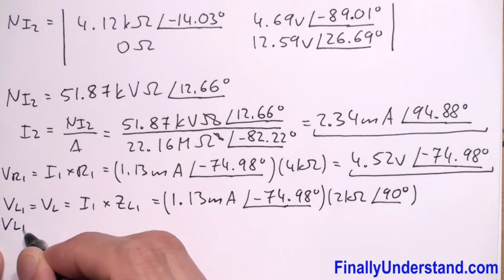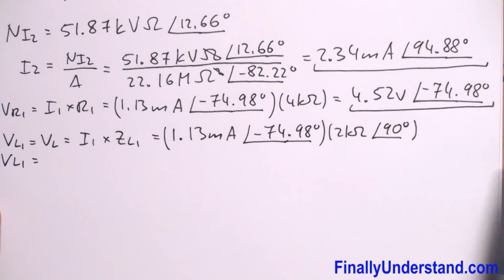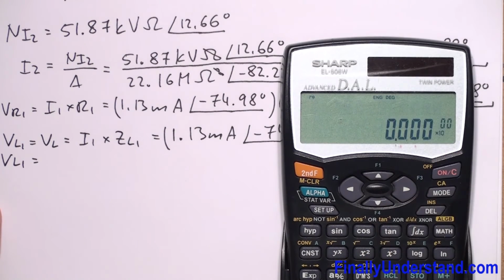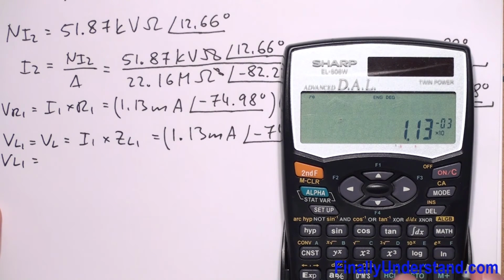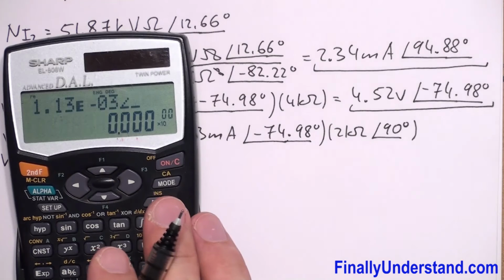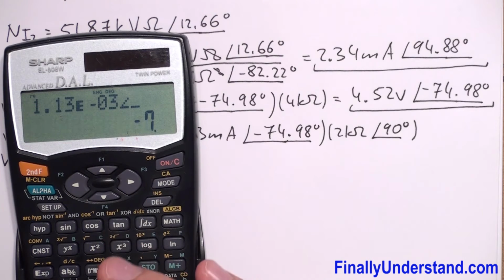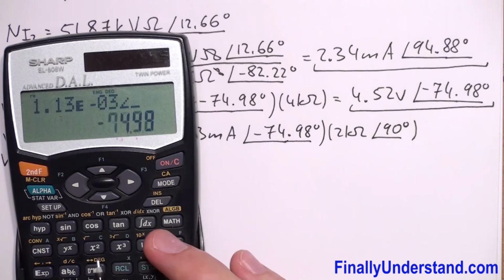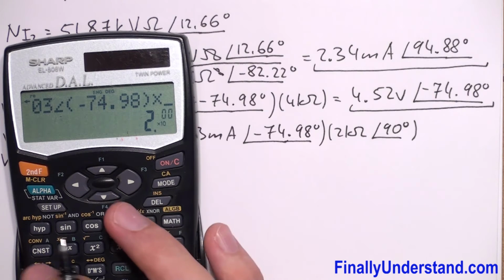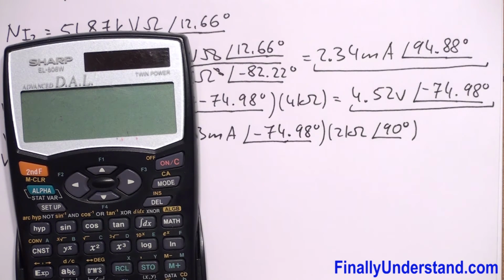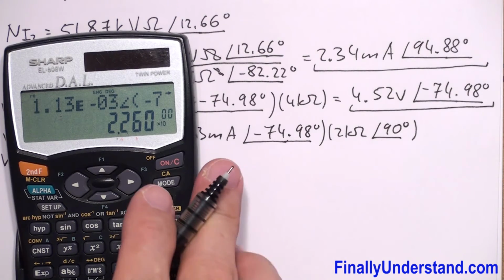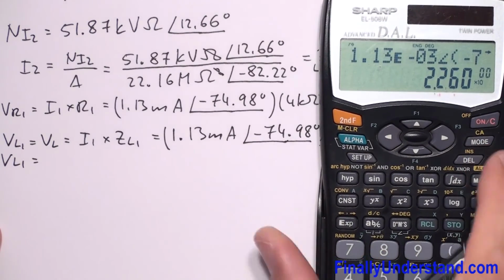So VL1 is equal 1.13 exponent 3 negative angle of negative 74.98 times 2 exponent 3 and angle of 90. This is equal 2.26 volts.